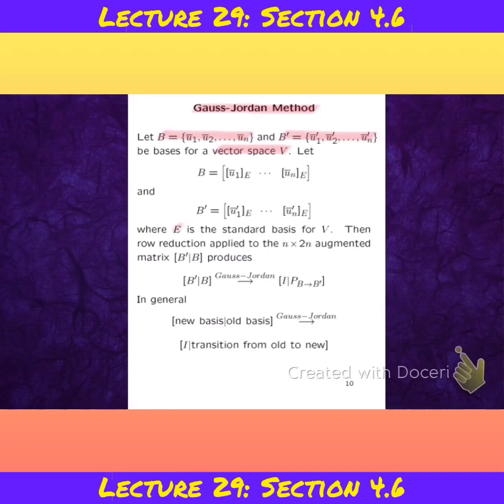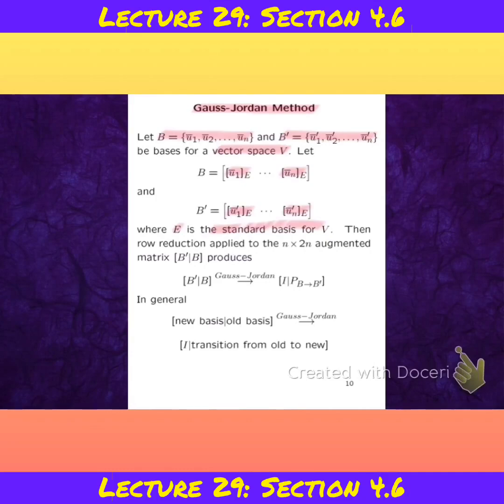You take E, which is the standard basis for the vector space V, and you write down the coordinate vectors of each vector in B with respect to the basis E, and you form these column vectors using the standard basis E. You do the same for the matrix B prime: you take every vector in B prime, write its coordinate vector with respect to the basis E, and form the columns of the matrix B prime in that way.